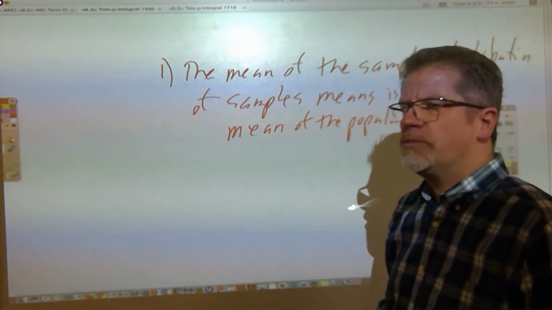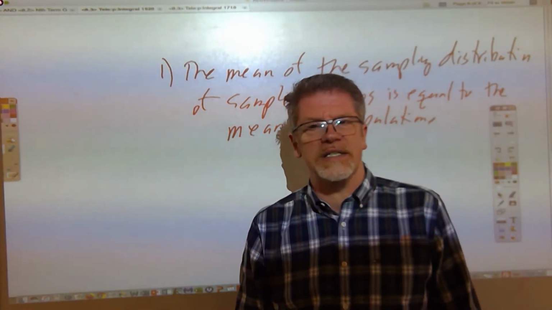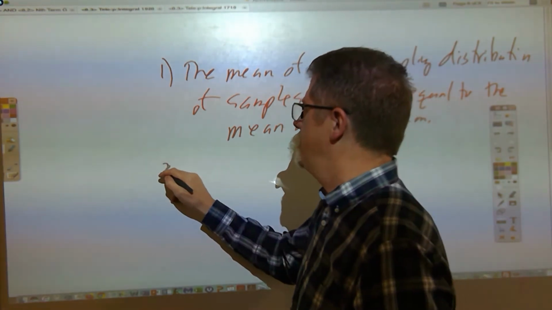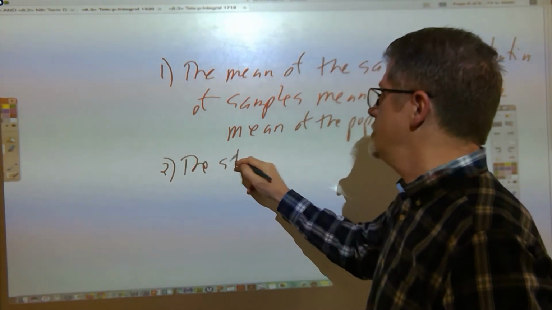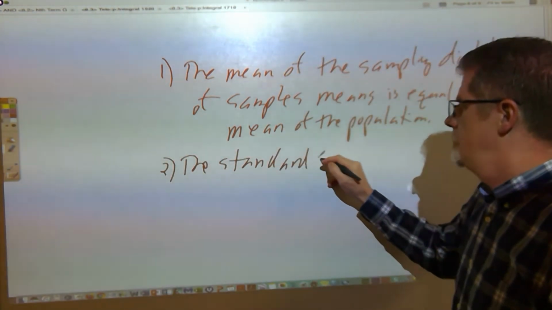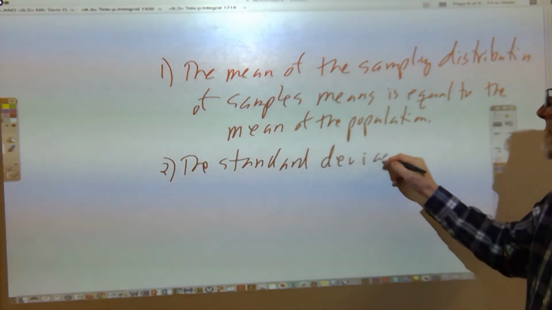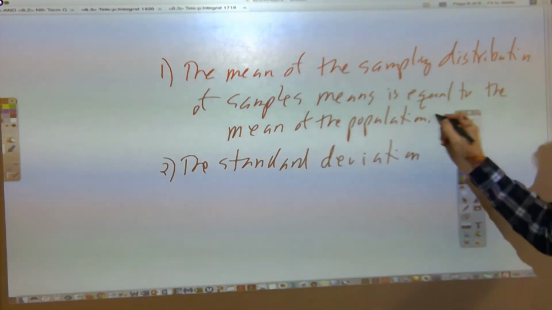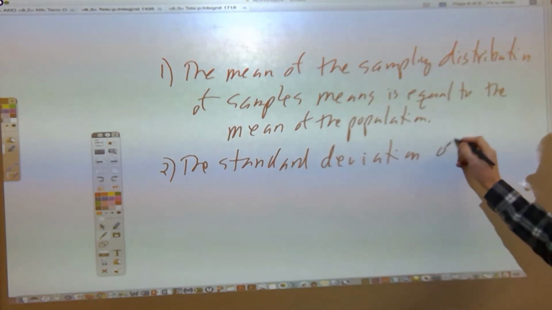Question 1B, they said, what is the standard deviation of the sampling distribution of sample means? Answer, the standard deviation of the sampling distribution.